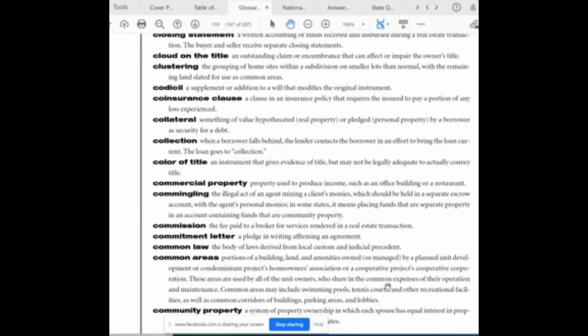Okay, and that can be timeshares. These areas are used by all of the unit owners who share the common expenses of their operation and maintenance.